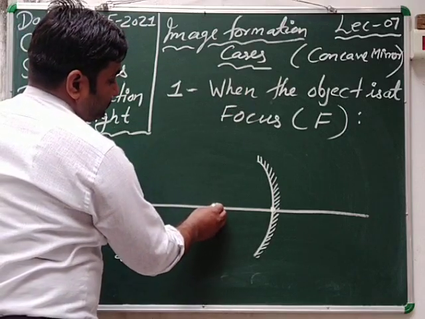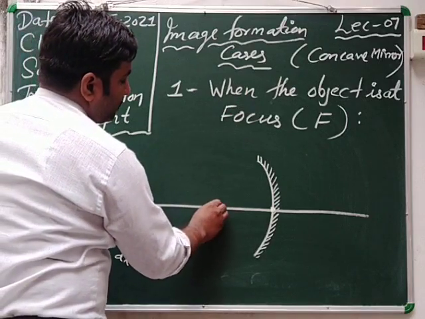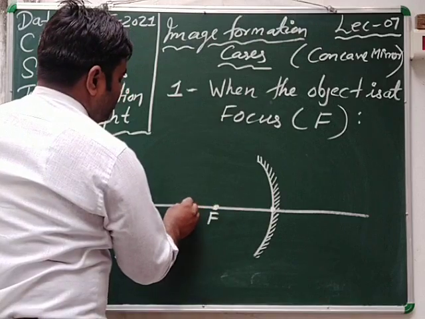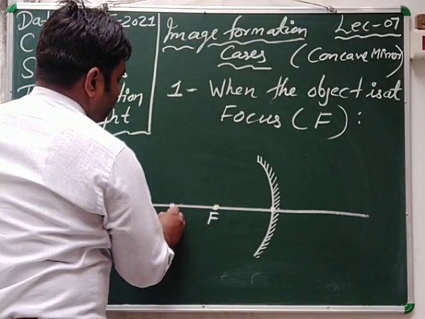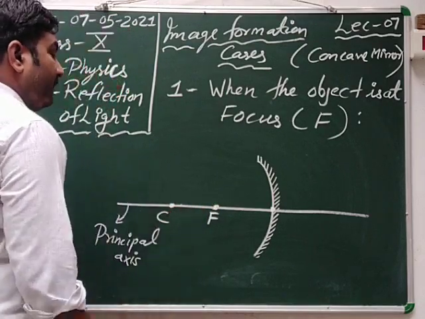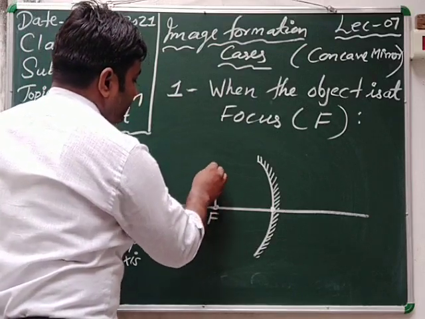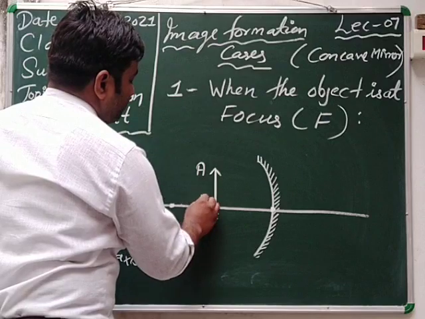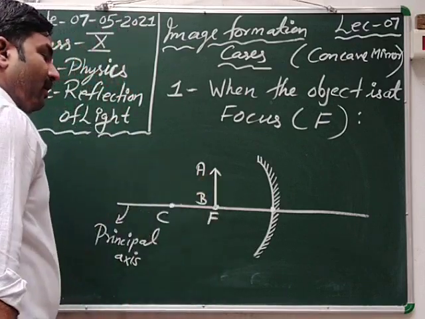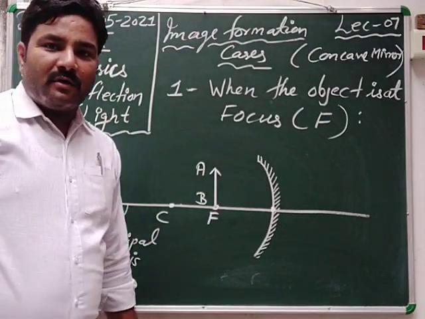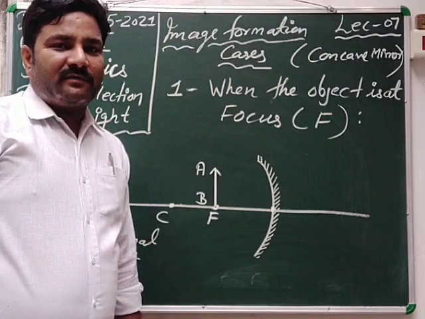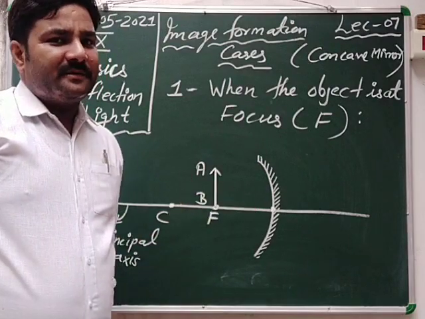Here this is F and this one is C. Clear? Here the object having finite length is AB. AB is the object, and we have to draw the image for this object AB.